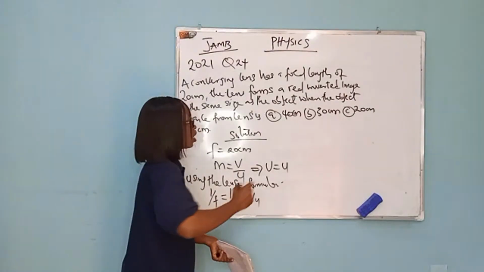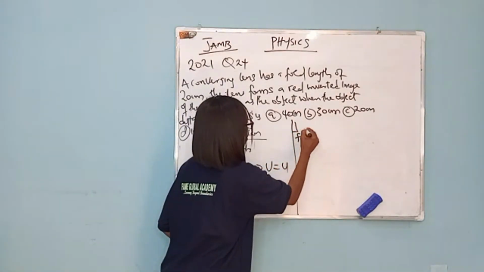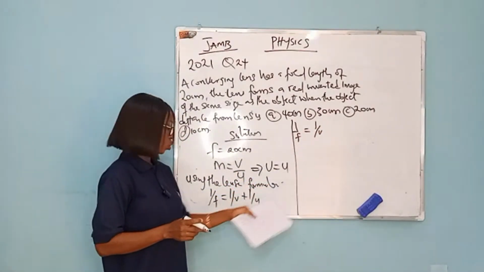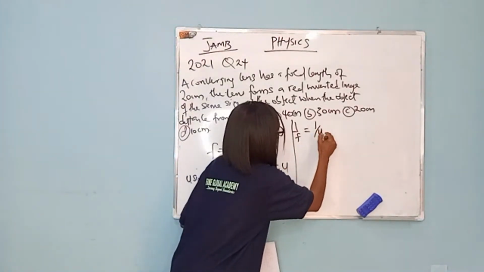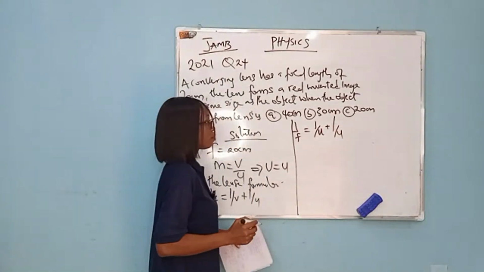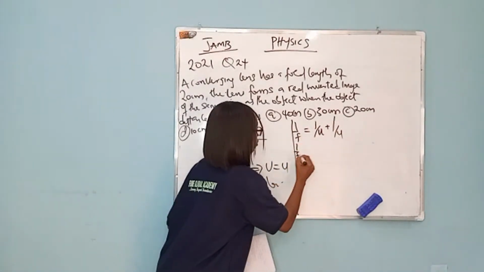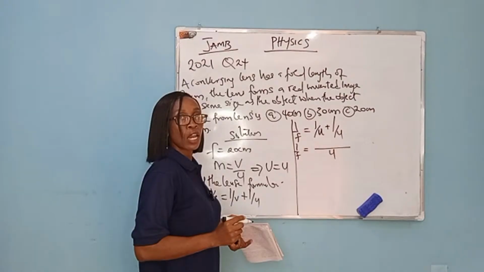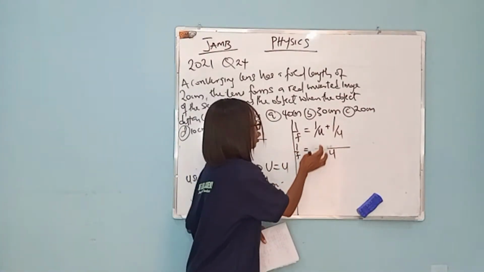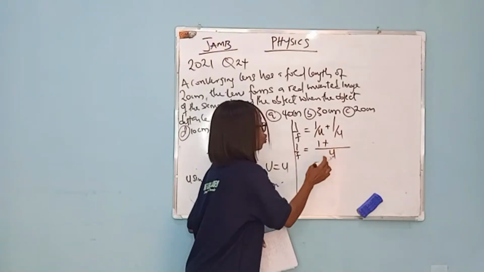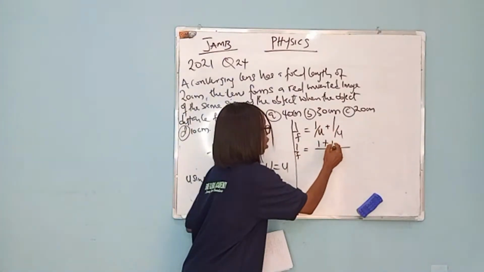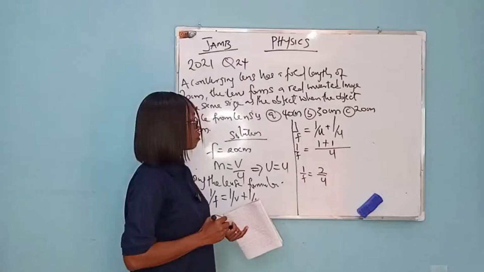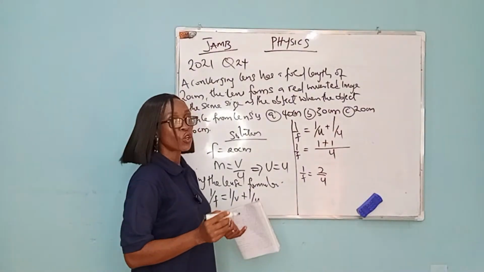Now, using the lens formula, 1 over F is equal to 1 over V plus 1 over U. Remember I said V is equal to U, so I'm changing my V to U. 1 over U plus 1 over U. Now I find the LCM of U and U, which is U. So 1 over F is equal to 2 over U. I cross multiply.